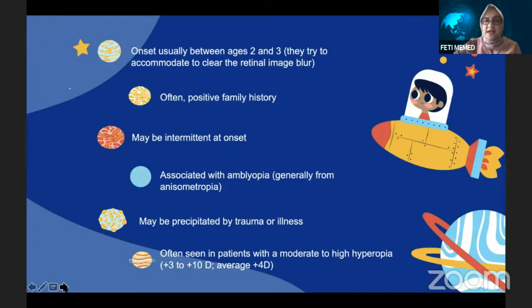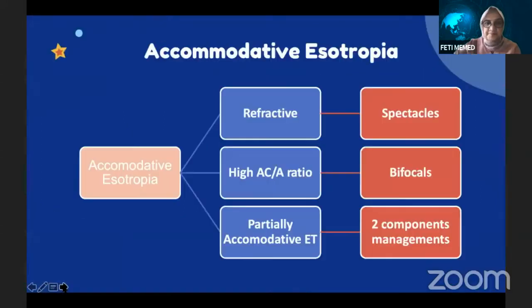Onset is usually between age 2 and 3; they try to accommodate to clear the retinal image blur, and it is often seen with a positive family history, may be intermittent at onset, associated with amblyopia, generally from anisometropia, may be precipitated by trauma or illness, and often seen in patients with moderate to high hyperopia, usually +3 to +7 diopters, average +4.